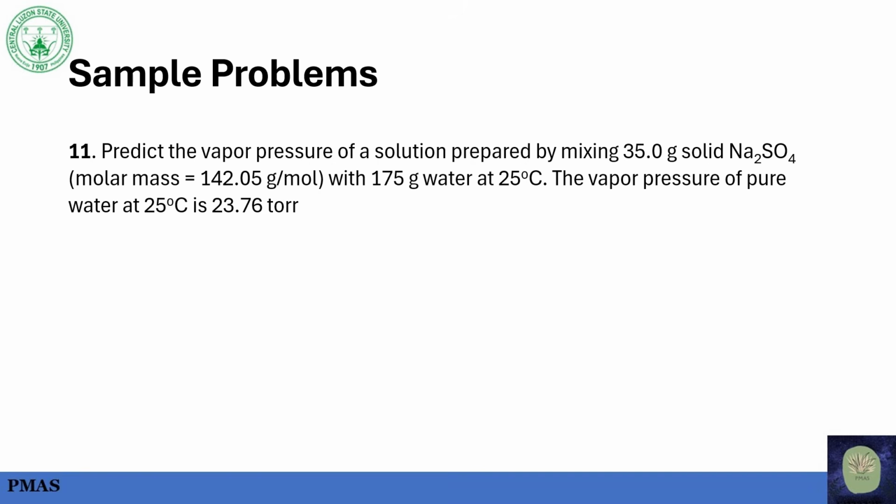Next, we predict the vapor pressure of a solution prepared by mixing 35 grams of sodium sulfate with 175 grams of water. Now, the vapor pressure of pure water at 25 degrees Celsius is 23.76 torr.